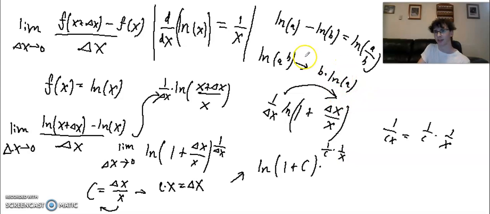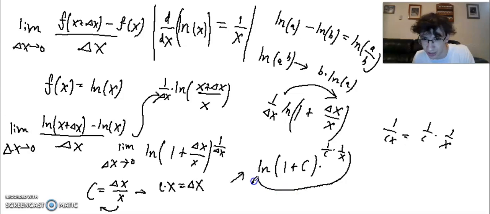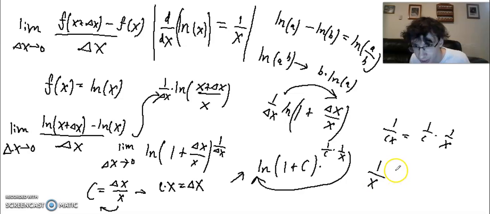Well, remember our rule? Let's take part of our b, we don't necessarily need to do the whole thing, and we just put it in front. So we have 1 over x, and then ln of 1 plus c to the 1 over c.